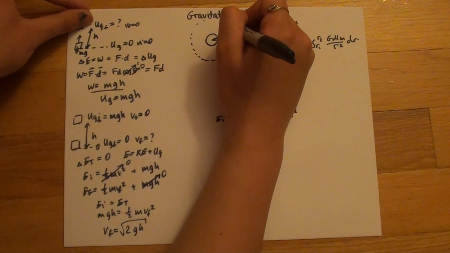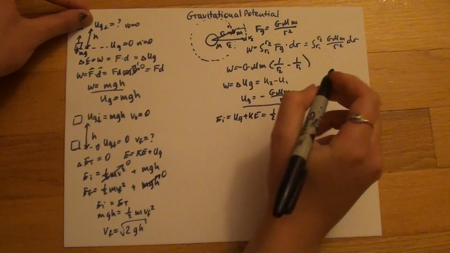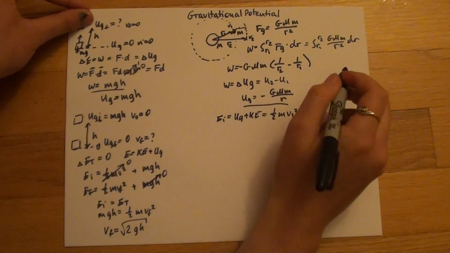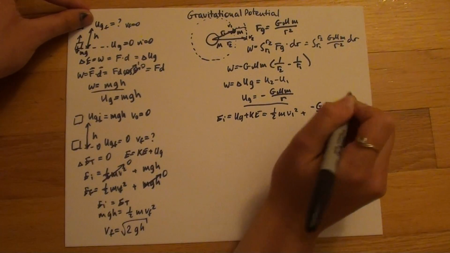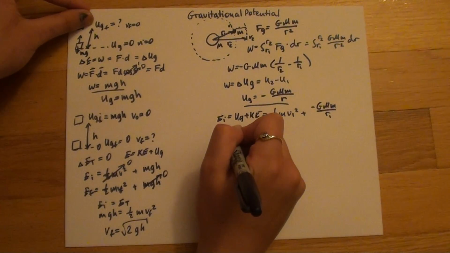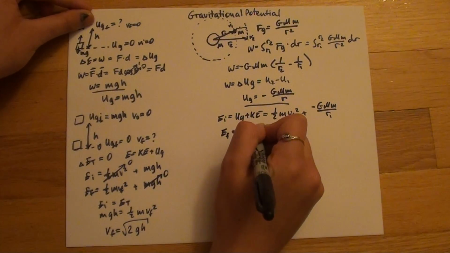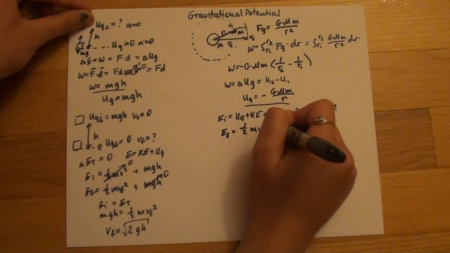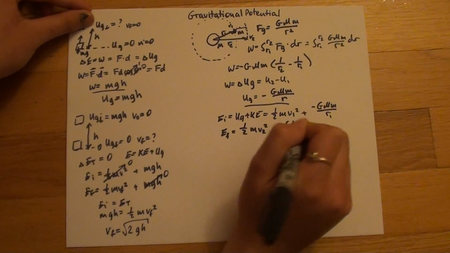Let's say at this point the velocity is v1, and at this point it's v2. Okay, so plus, this is the kinetic energy, and the gravitational energy would be negative GMm over r1. And the second one, the final one, would be 1/2 m v2 squared plus negative GMm over r2.